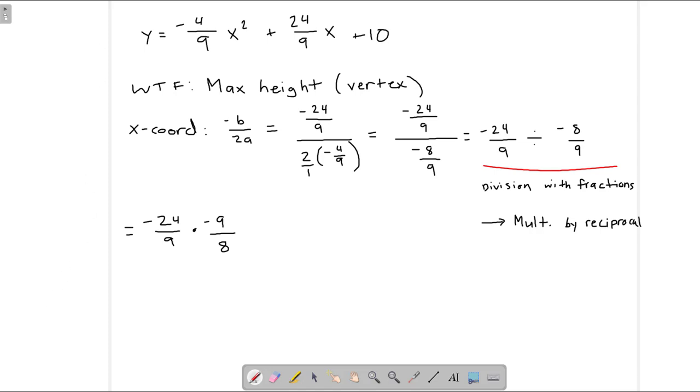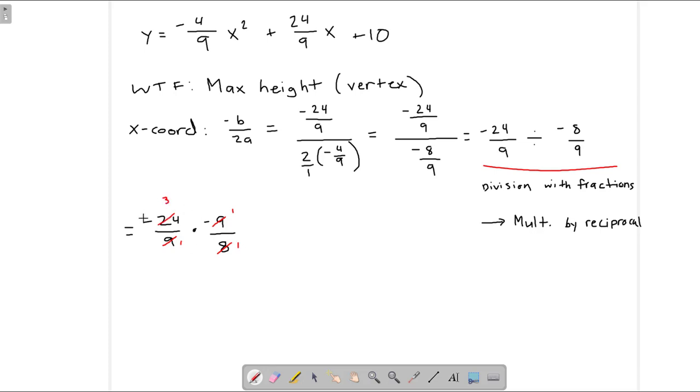Okay, and then from here, it's really nice to simplify in this multiplication process. So notice I have a 9 and a 9. I can kill this 9 with this one. And then 8 actually divides into 24 evenly, so this can go away and cancel, and this becomes 3.